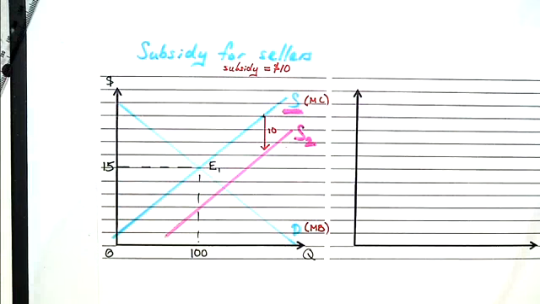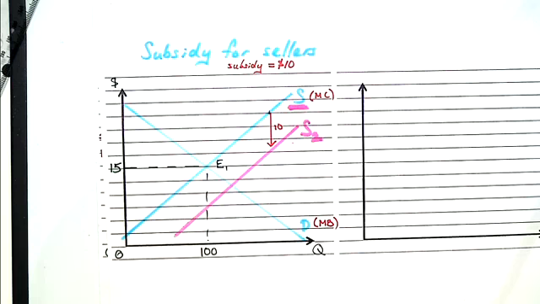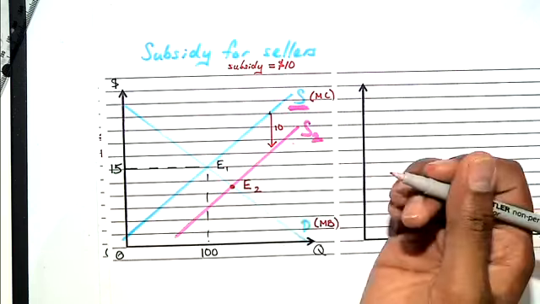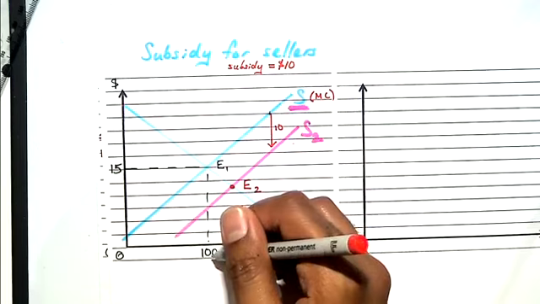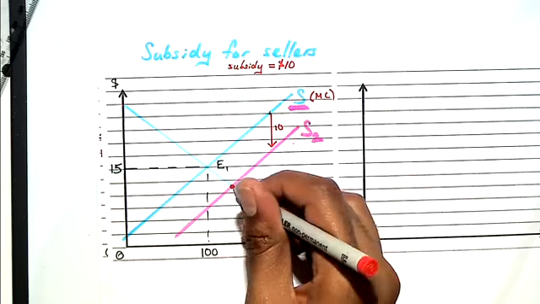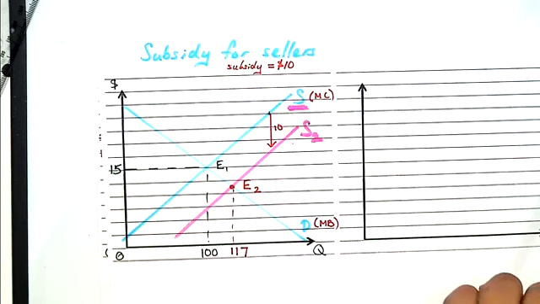Does that mean the new price is $5? Can I say the new price is 15 minus 10? No, you never do that with taxes and subsidies. You always look at E2. Will the quantity remain the same? When the price goes down, the quantity demanded will go up.